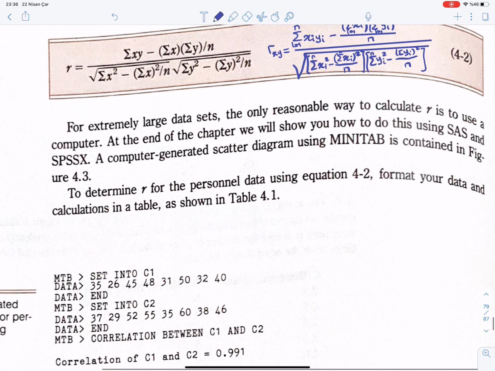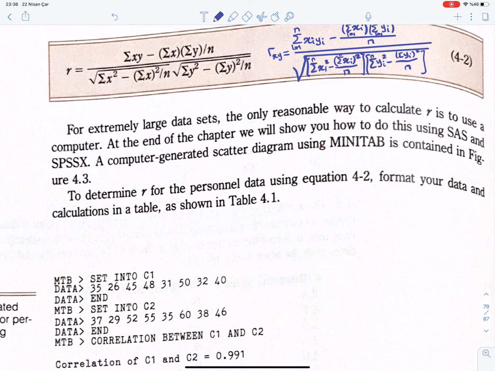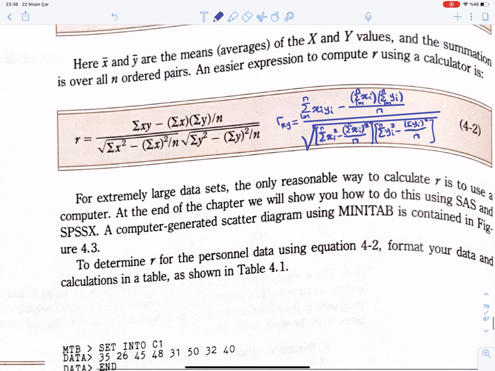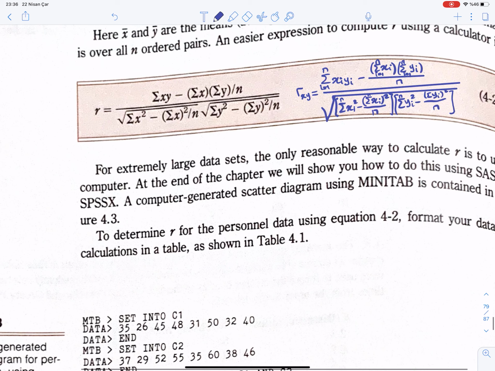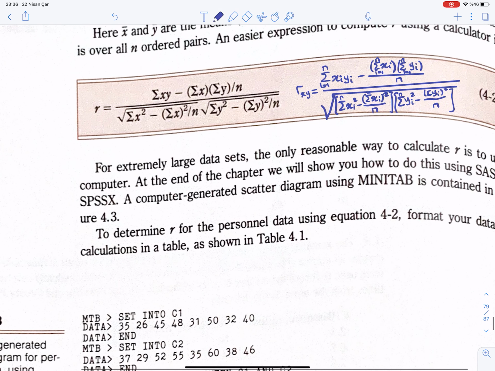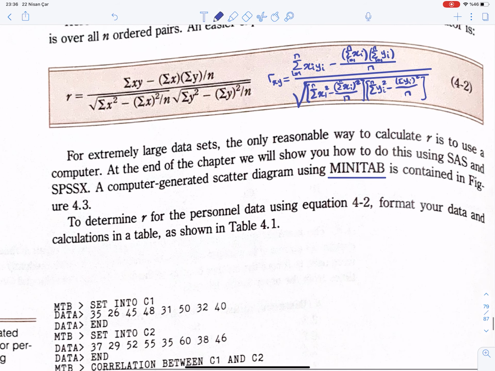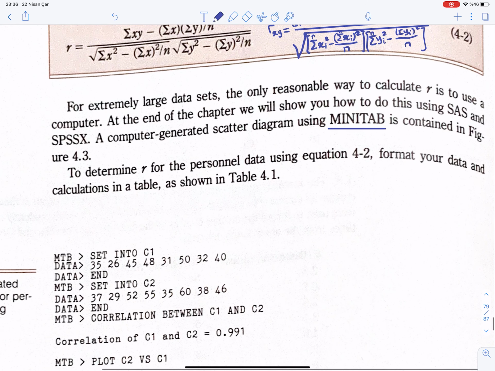According to the book, if you have a large data set, the calculation will be very much difficult. So you definitely need to use a statistics software, and the book is using Minitab. It is a very famous statistic package, and you can also use Excel to calculate the correlation.